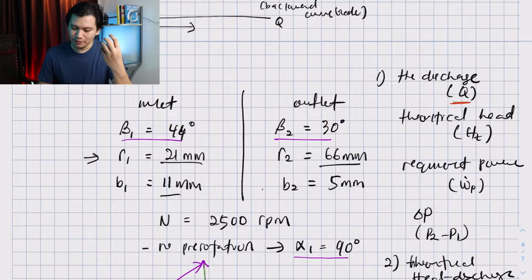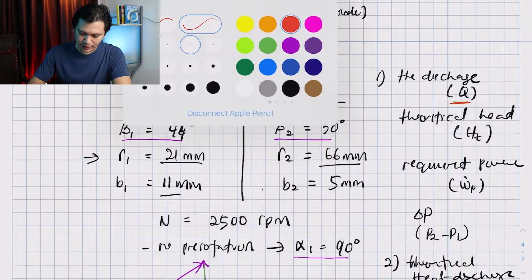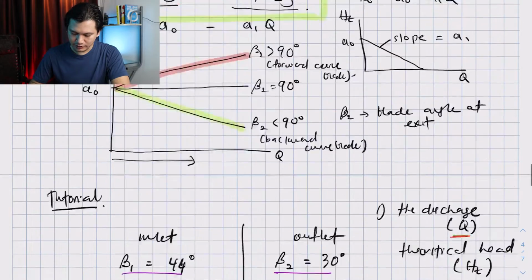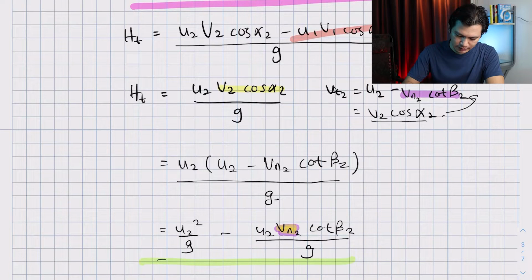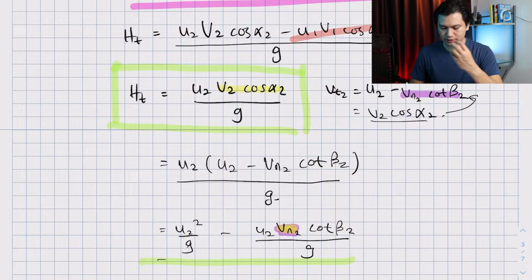Now the second part of the question is looking for the theoretical head. Let's find out where the equations for our theoretical head are. So this is it, I think. HT is equal to U2 V2 cos alpha 2 divided by g.